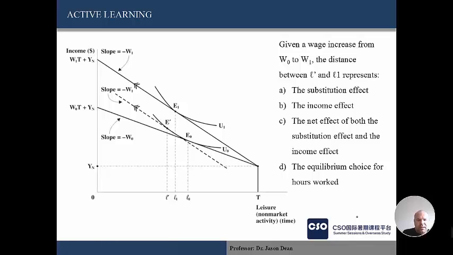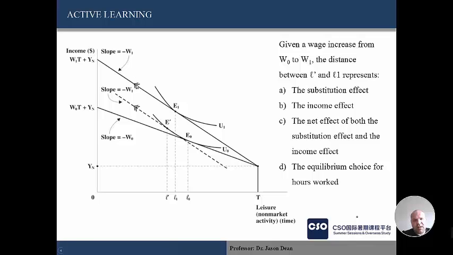Okay, so let's think about this. Well, we know if we look at point E0 and E prime, we have the wage being W0 for the optimum at E0, and then we have the new wage, which is higher.